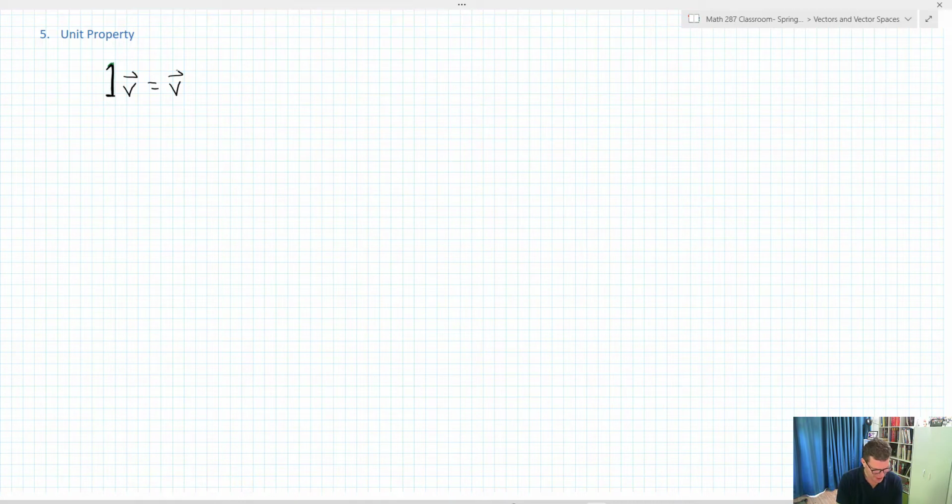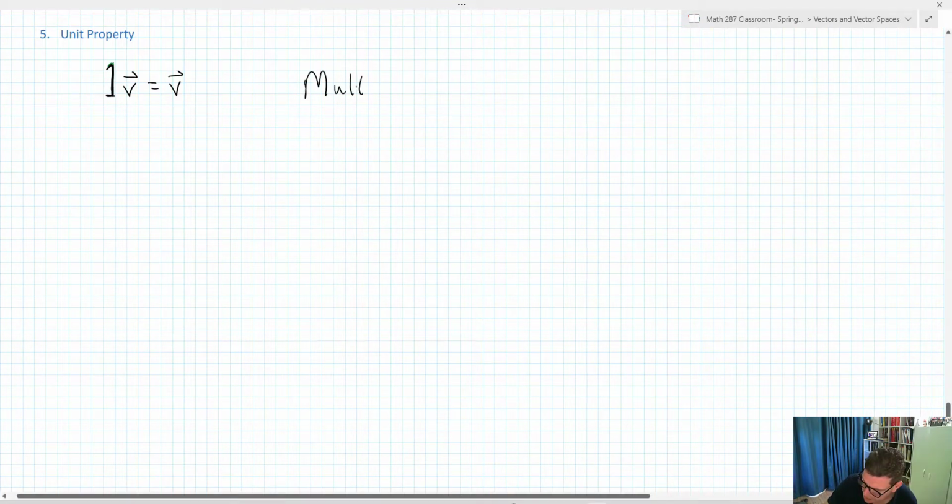Essentially what the unit property tells us is that there exists something like a multiplicative identity. This is the multiplicative identity. That is, we have a number that when we multiply by a scalar using scalar multiplication, we get back the original vector.